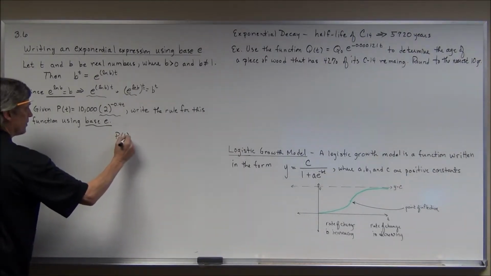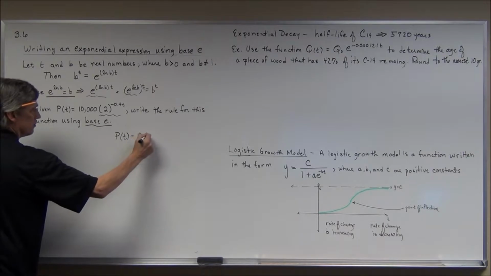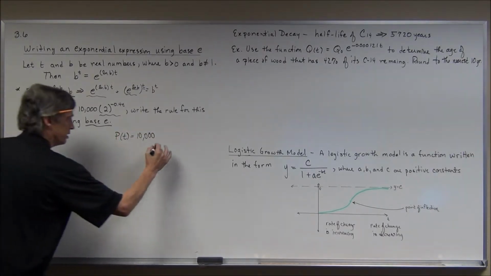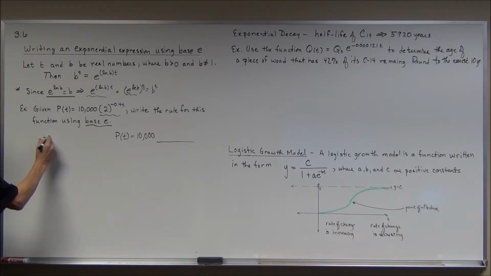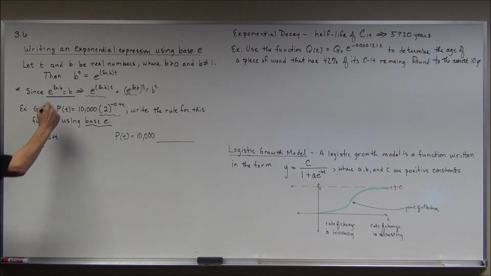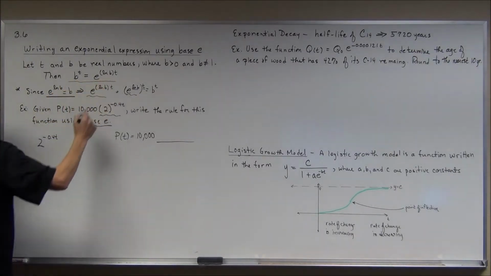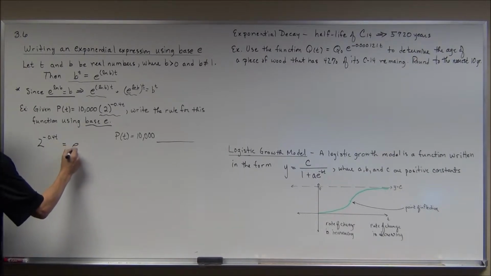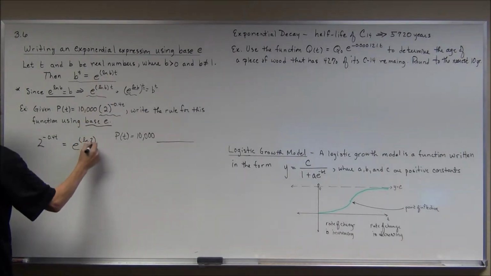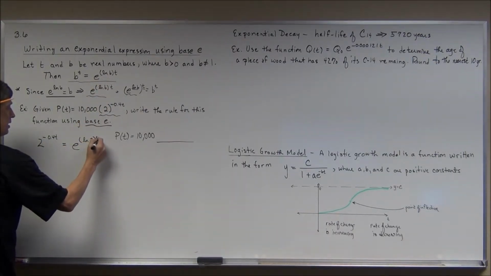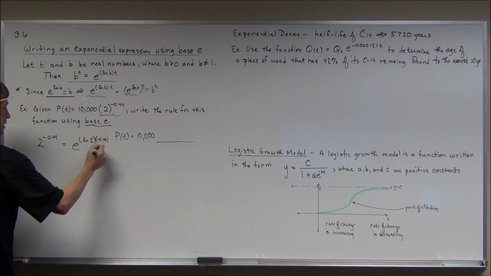P of t is equal to 10,000, and then we'll put the rest here in just a second. Let's look at 2 to the negative 0.4 t power. Now, according to what I just indicated, using this property, this is equal to e to the natural log of 2, that's your base, times the exponent, which I'm going to rewrite.